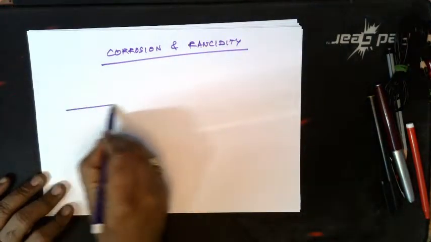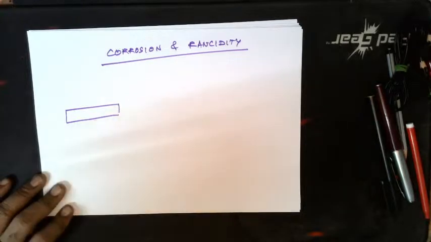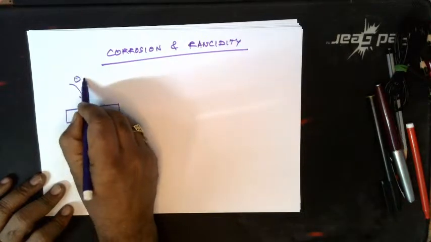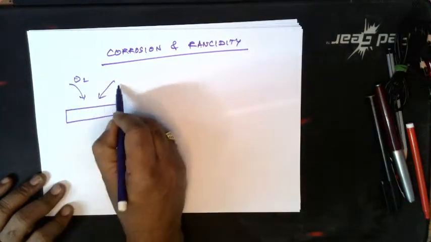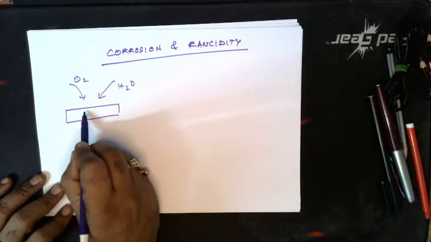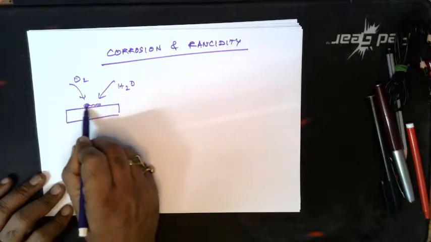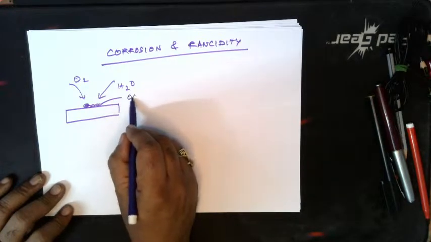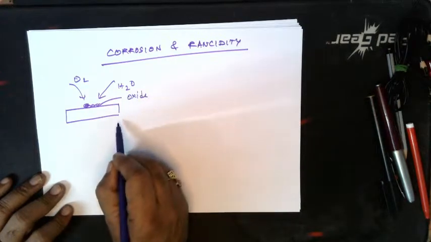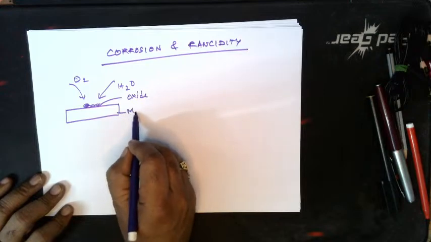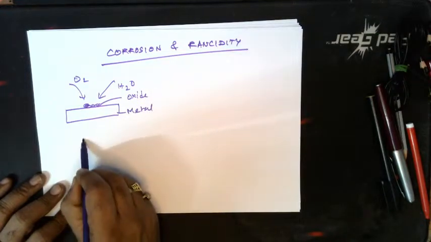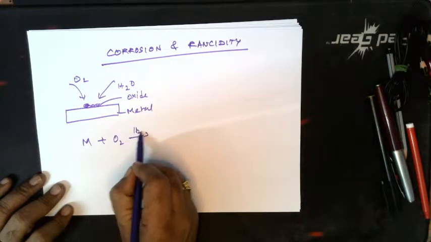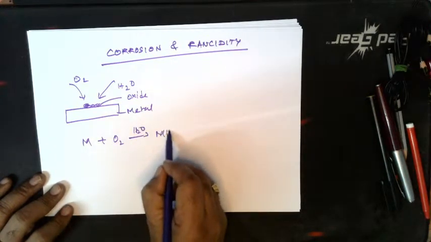Corrosion: let me consider a metal, and because of oxygen and water, what happens? Rust is formed. So this is iron oxide, an oxide layer is formed over the metal.